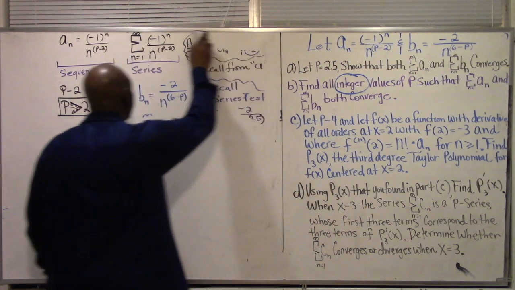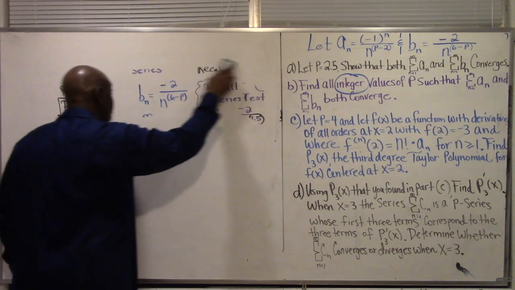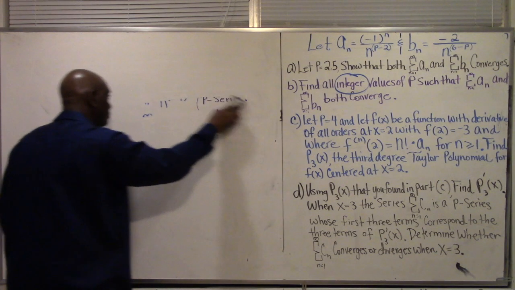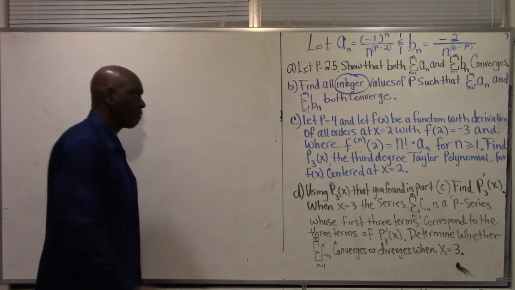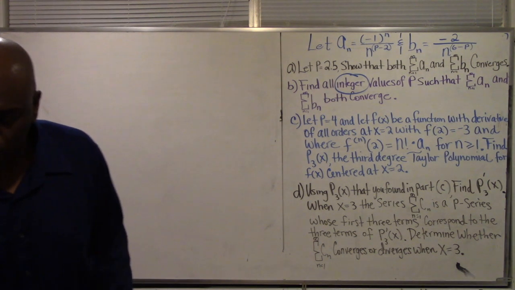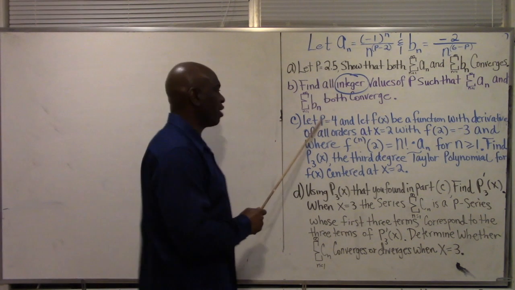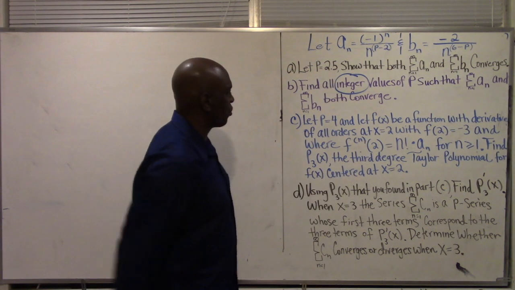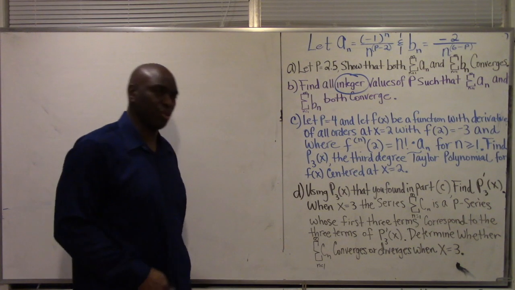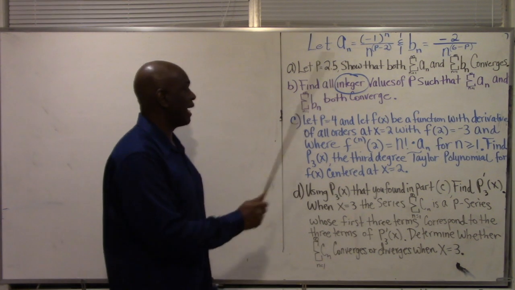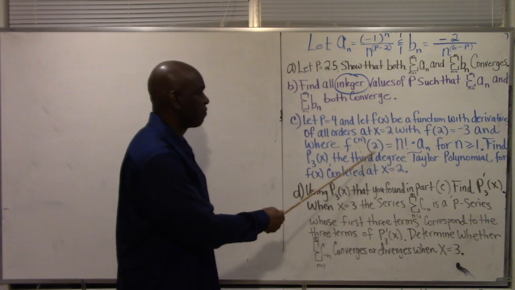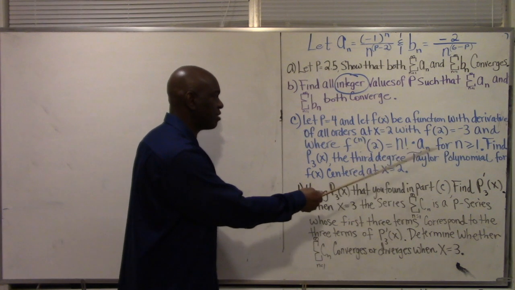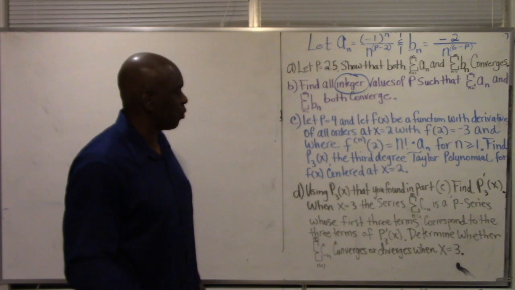All right, let's move on to C. What do we have here? P equals 4. Let f of x be a function with derivatives of all orders at x equals 2, with f of 2 equaling 3, and where f to the power of n of 2 equals n factorial times a to the n for all n greater than or equal to 1.